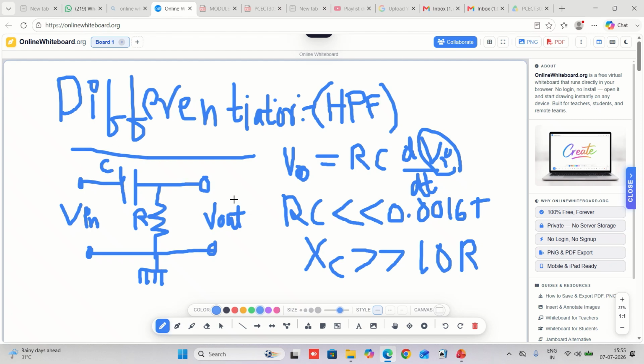These are the conditions for an RC circuit to act as a differentiator. We can now check how this RC component should be less than 0.0016 T.